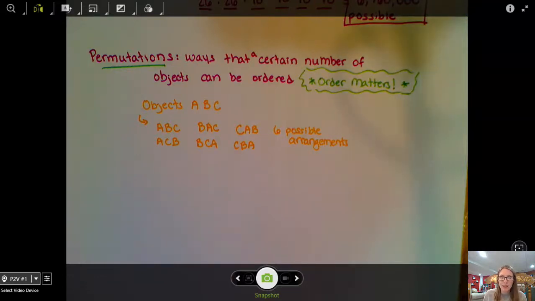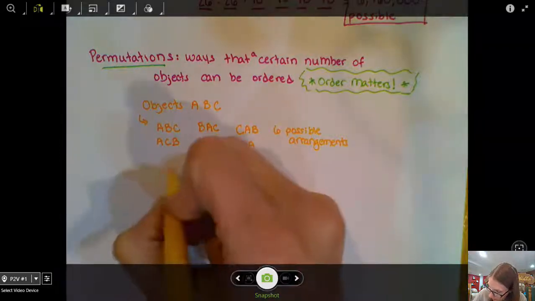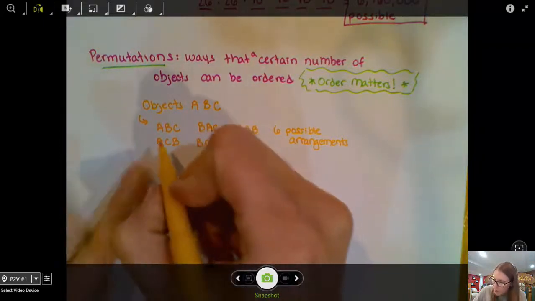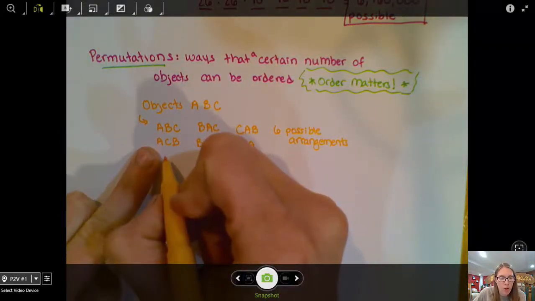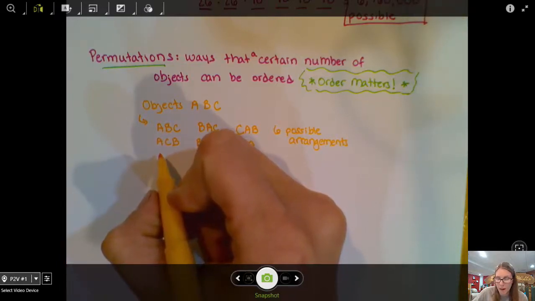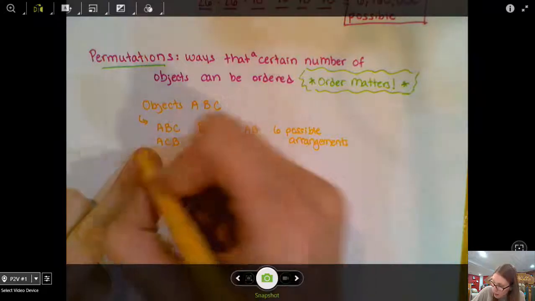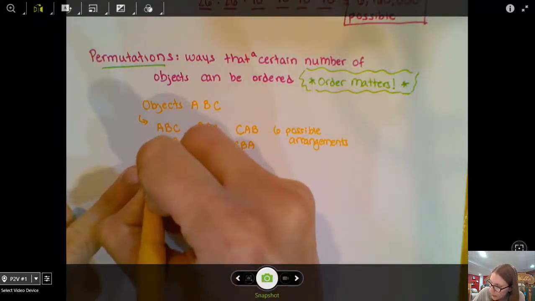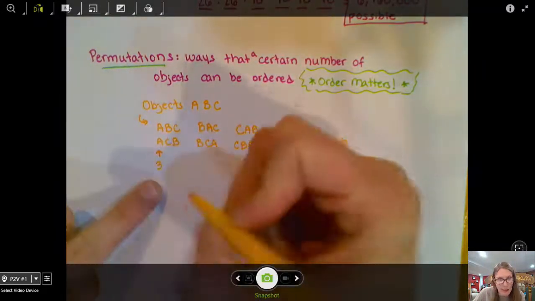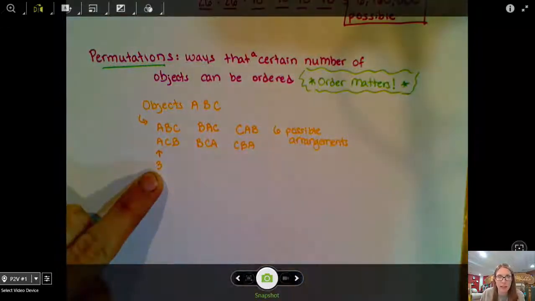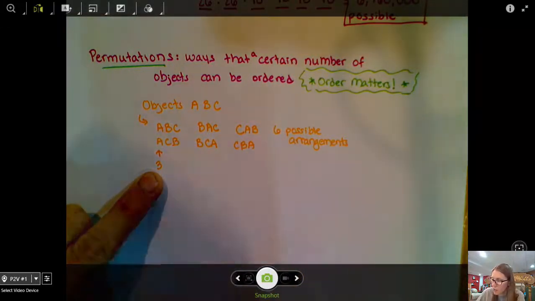This brings us to something called factorial. Okay. So if we think back to our fundamental counting principle, this leads us again to this idea of factorial. The fundamental counting principle, we'd have 3 possibilities for the first space. We could have letter A, B, or C. 3 possibilities for the first space.